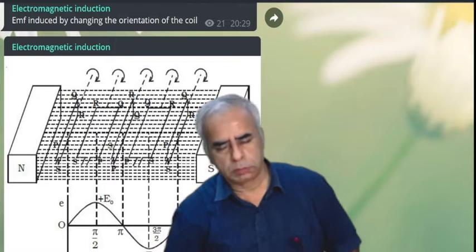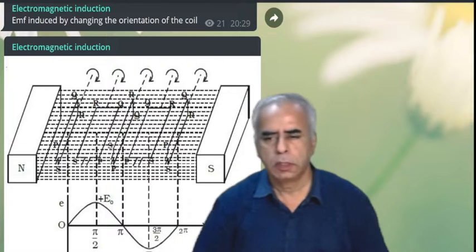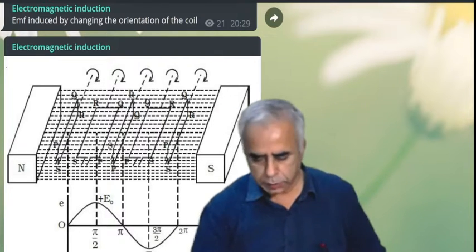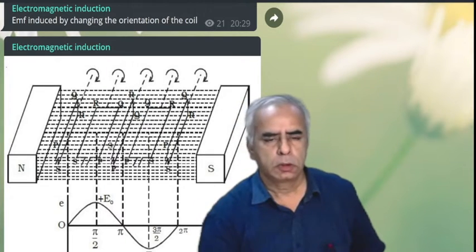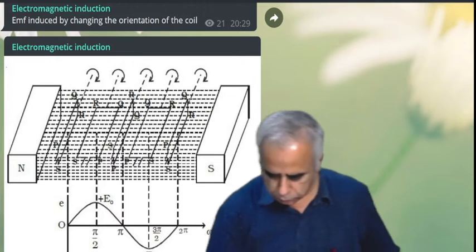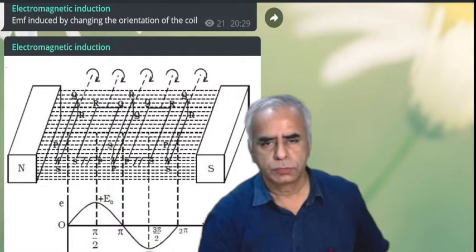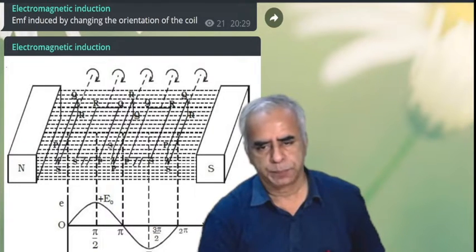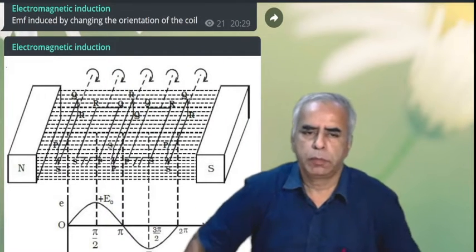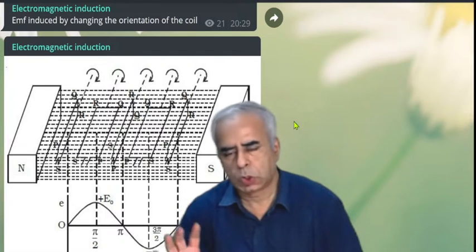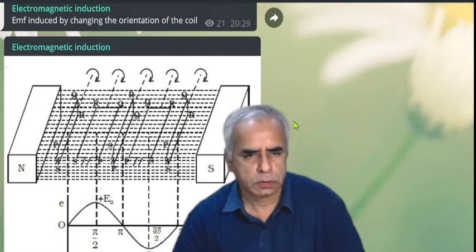In the previous session, we were discussing the method of producing induced EMF, based on the equation induced EMF E is equal to minus d by dt of NBA cos theta, where we can maintain the number of turns as constant and change the magnetic field, thereby getting electromagnetic induction.